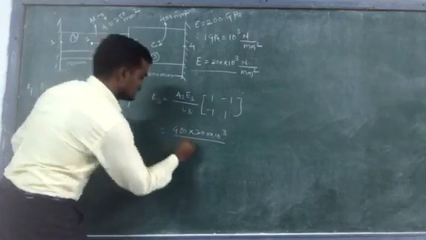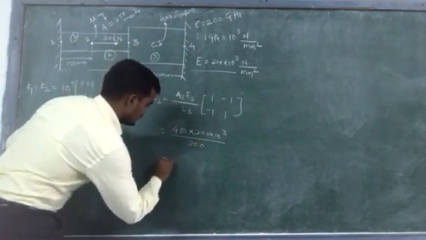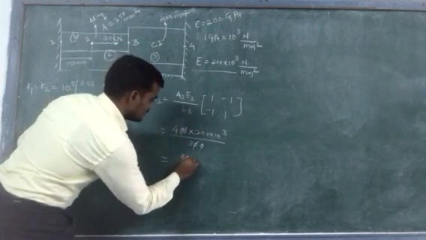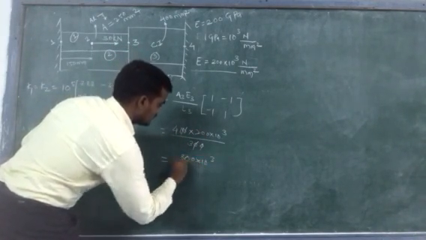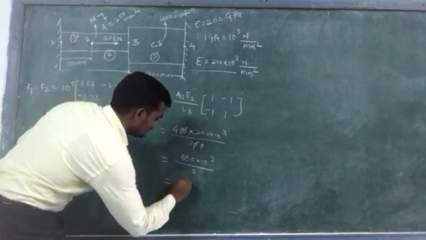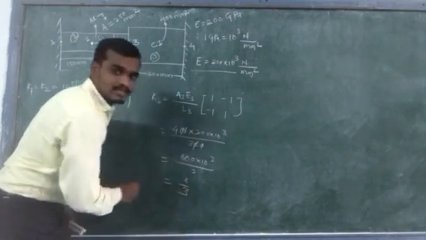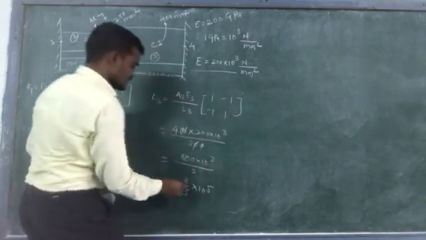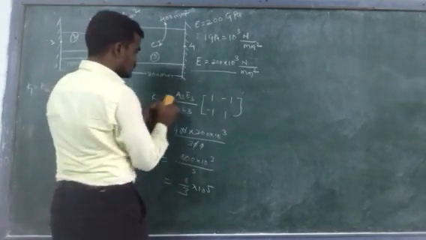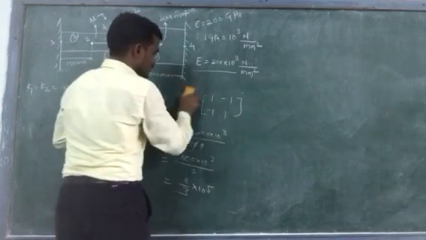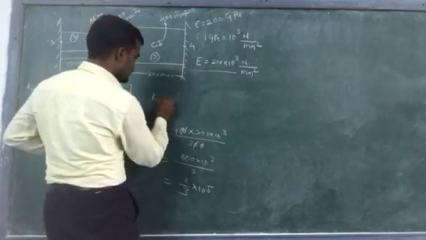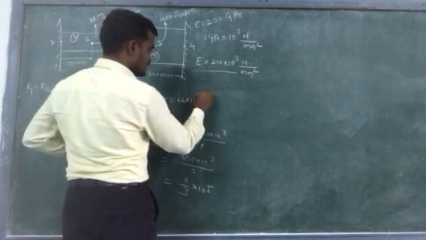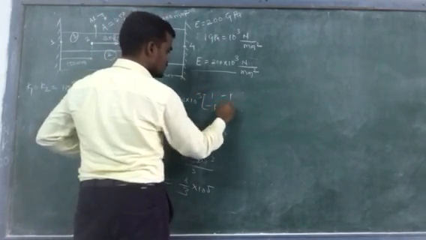L3 is equal to 300 mm. This gives 800 into 10 raised to power 3 divided by 3, so it will become 8 by 3 into 10 raised to power 5. 8 by 3 is nothing but 2.66. So this will become 2.66 into 10 raised to power 5 in bracket 1 minus 1, minus 1 1.